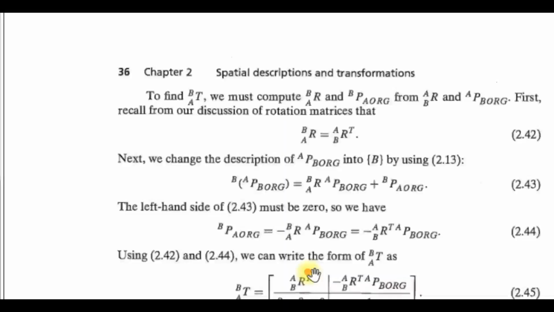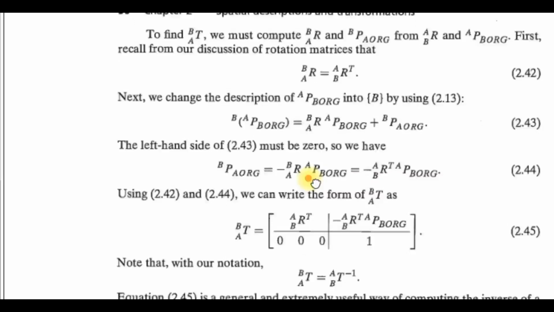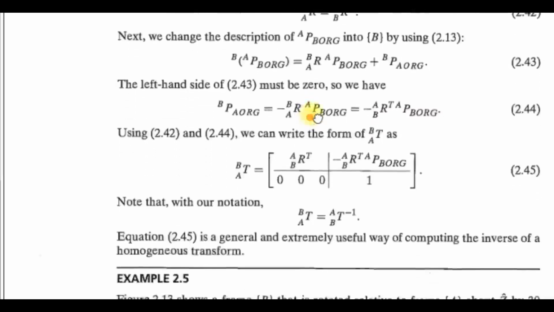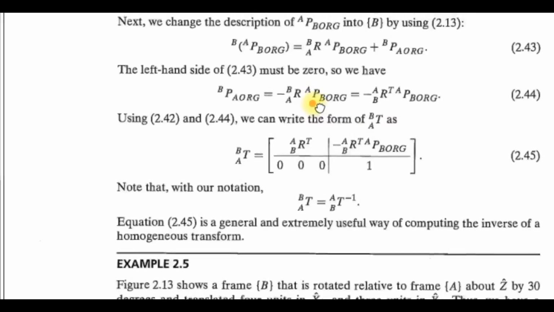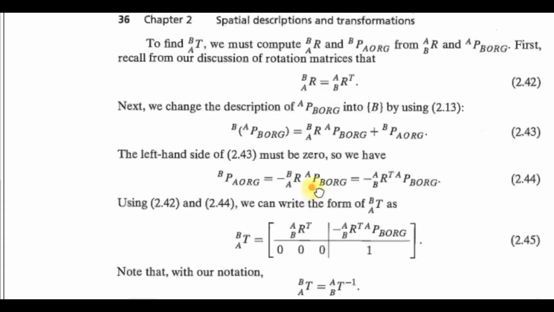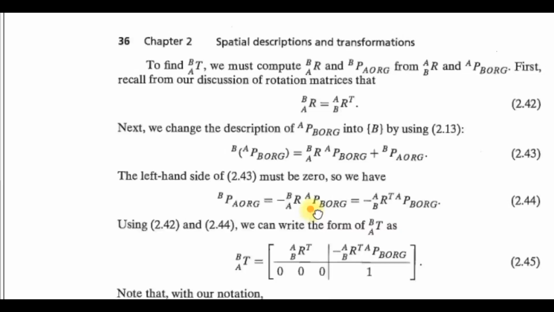So this transformation is basically a homogeneous transformation. Look at that, to find the B to A, we must compute the BRA and BPA.